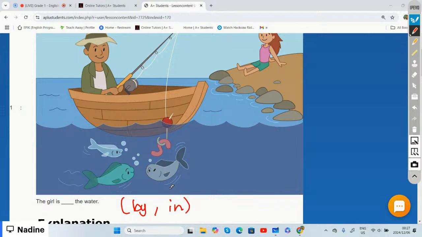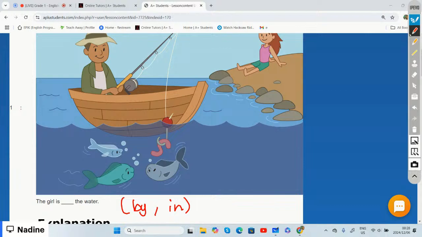Which one is correct? Remember, the sentence says the girl is the water.